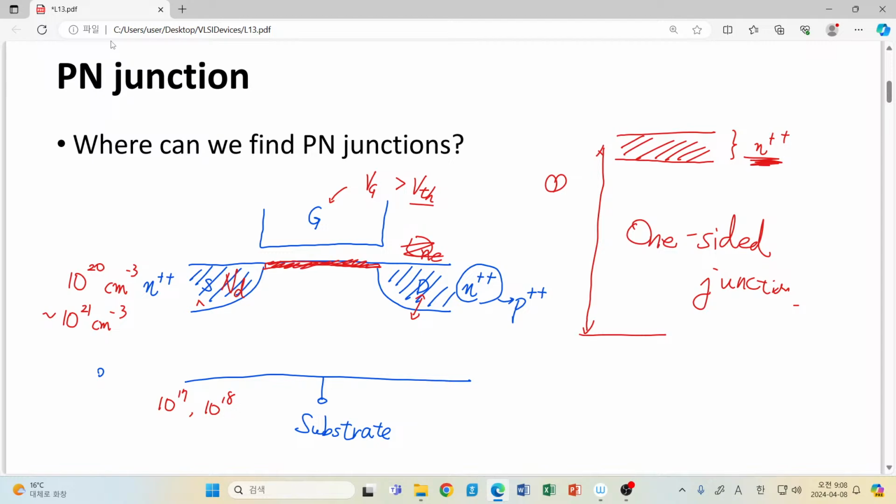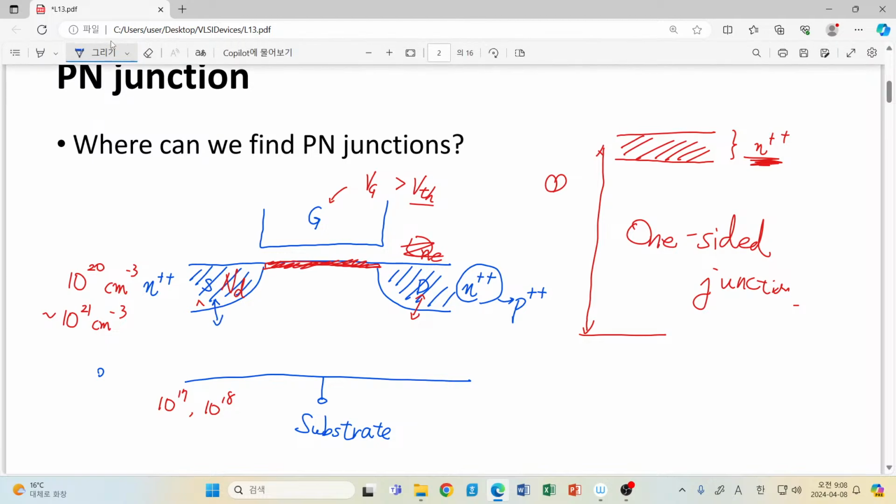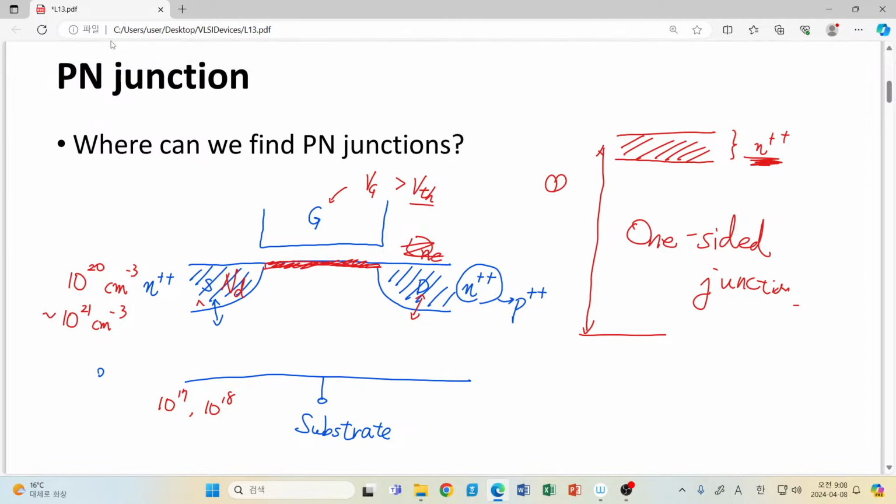The main purpose of this PN junction is the isolation between different regions. For example, in this case, here and there they are separated by this PN junction. Everybody in this room understands that if we apply positive voltage to the P-type region, then this structure starts to conduct electric current.